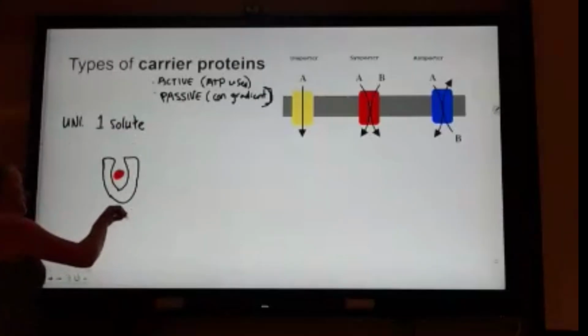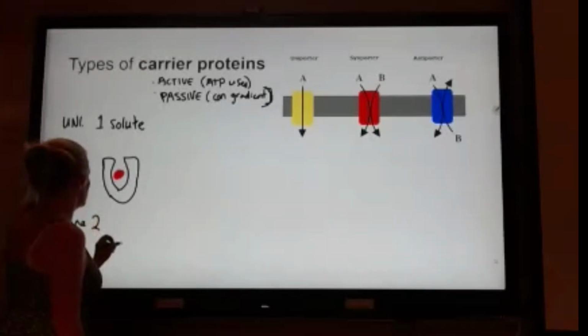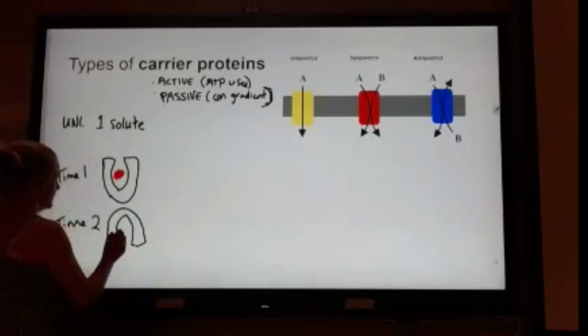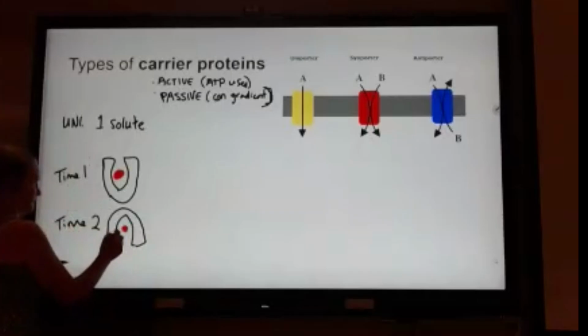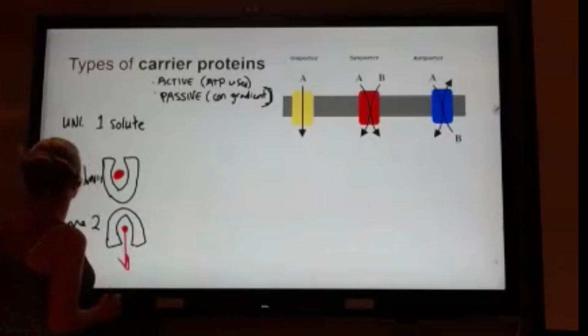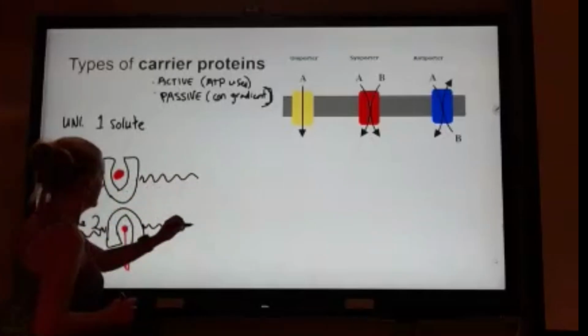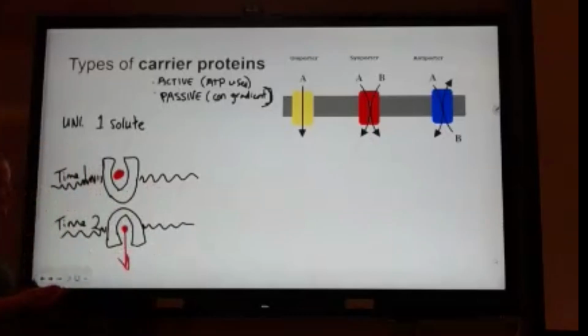And again, this is time 1, and here's time 2. So we're going to see this change in the 3-dimensional shape of the protein. So this is my crappy drawing of that, where now we can deposit that solute into the cell. So I guess I should have drawn, here's my phospholipid bilayer. Okay, so we're just moving 1 solute at a time. That one's easy.